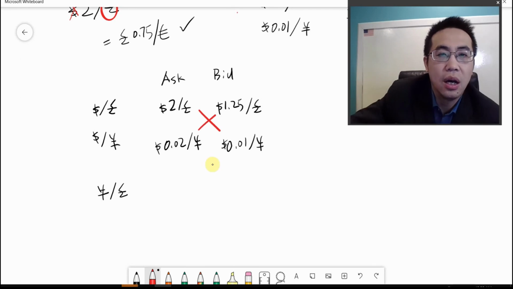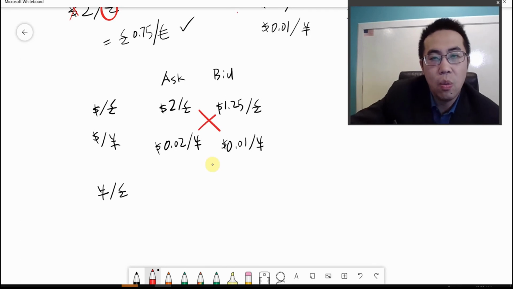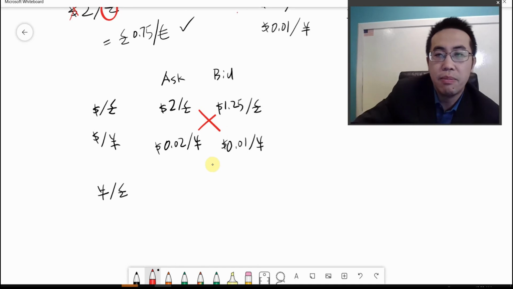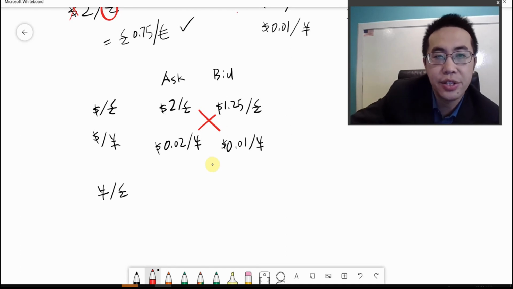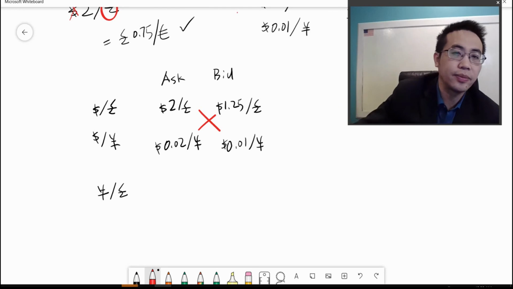Instead, we are combining 2 to 0.01 and 1.25 to 0.02. So that's number one. Always use a diagonal combination if both are American terms. So these are both American terms. That's a dollar price per foreign exchange.